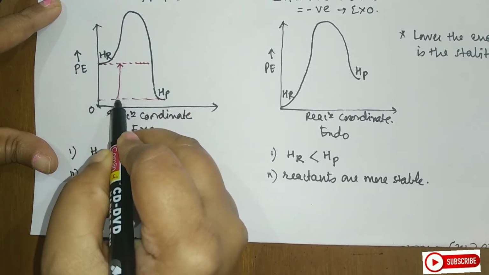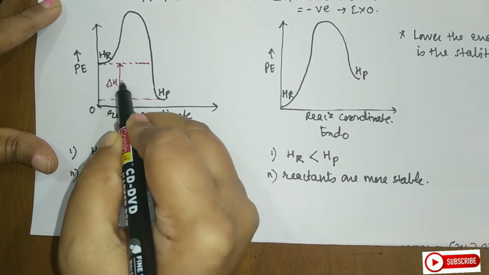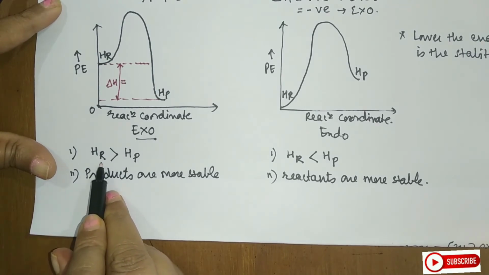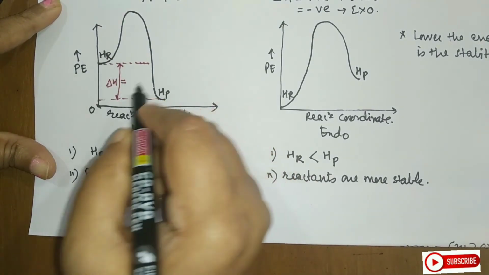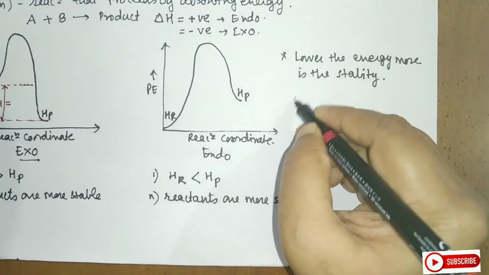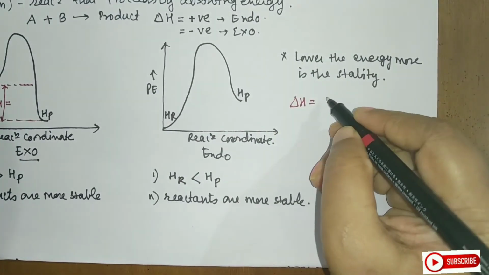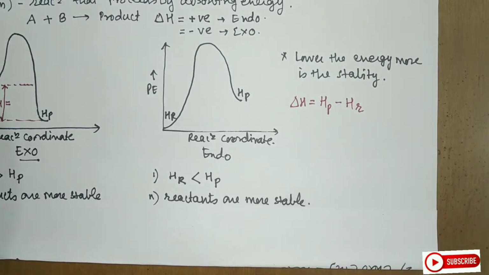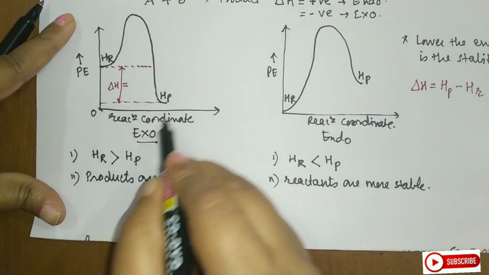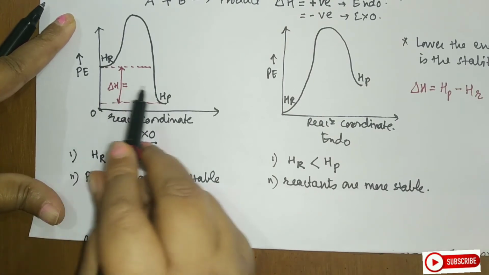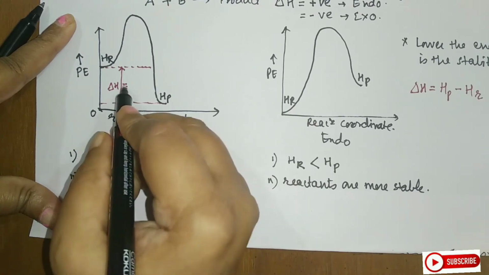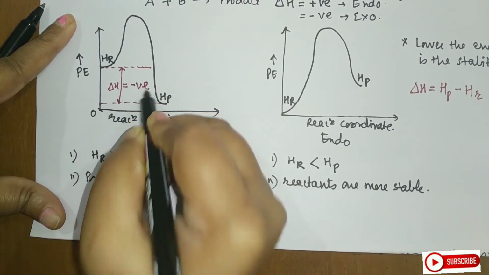Now, this difference is delta H. As we said, the enthalpy of the reactant is more in the exothermic case. So what is delta H equal to, student? Delta H is always equal to the enthalpy of the product minus the enthalpy of the reactants. If you see this, HP, the enthalpy of the product, is less, and therefore this will be a negative value.